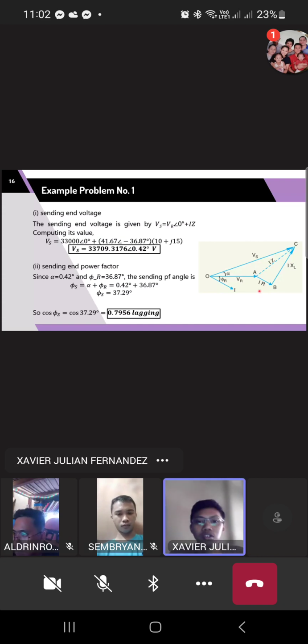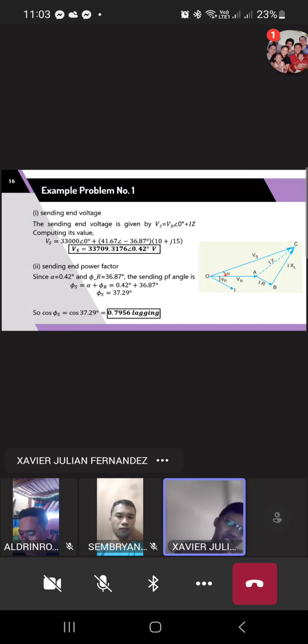The angle alpha that you got from your calculation when you solve for VS is your opening from the zero, and then you incline it by that angle. Draw your VS.